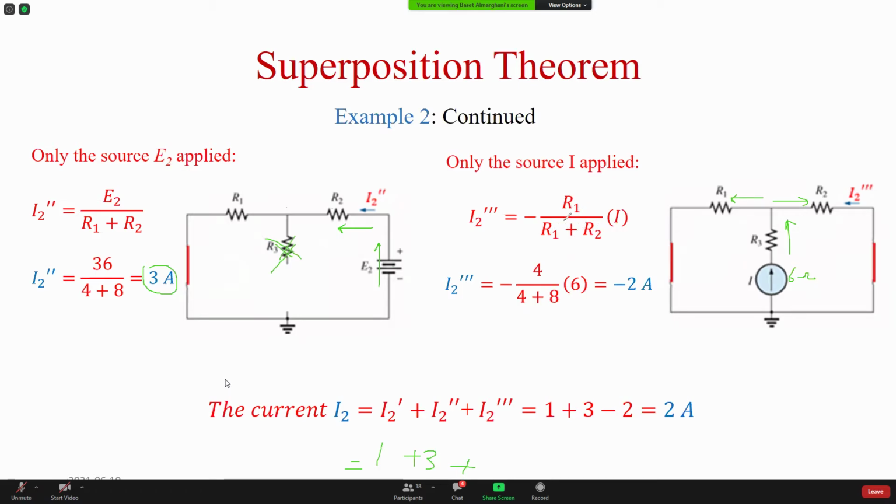The answer is negative because the source gives current opposite to the current I want to find. As I said, the contribution can be positive or negative, no problem. When you add them all, you get 2 ampere, and this is the answer. So 3 sources, 3 different circuits. For each circuit, you find I2, and at the end, you add them up, and that is the I2 current in the network.